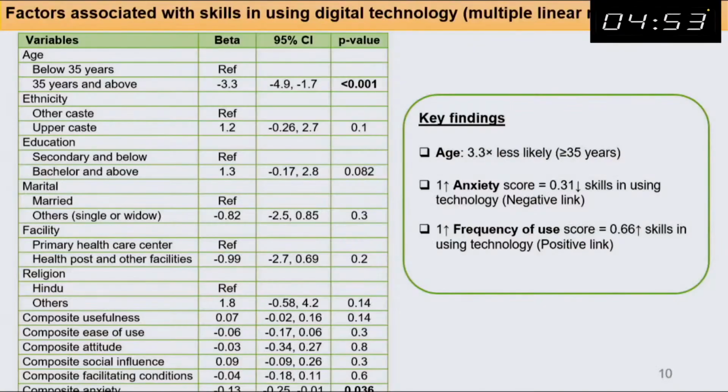Now, this table shows the factors associated with skill in using digital technology. Here, age, anxiety, and frequency of use were significantly associated with skill in using digital technology.